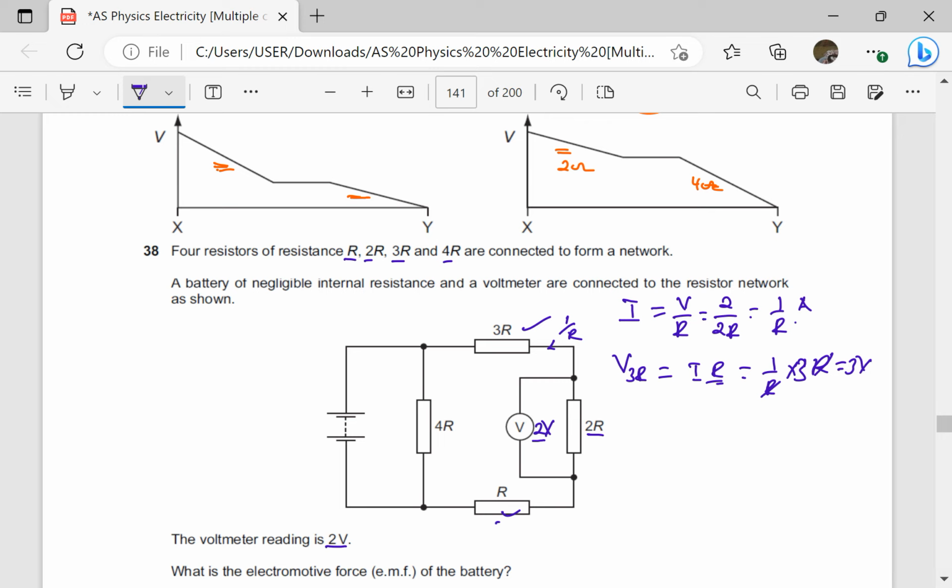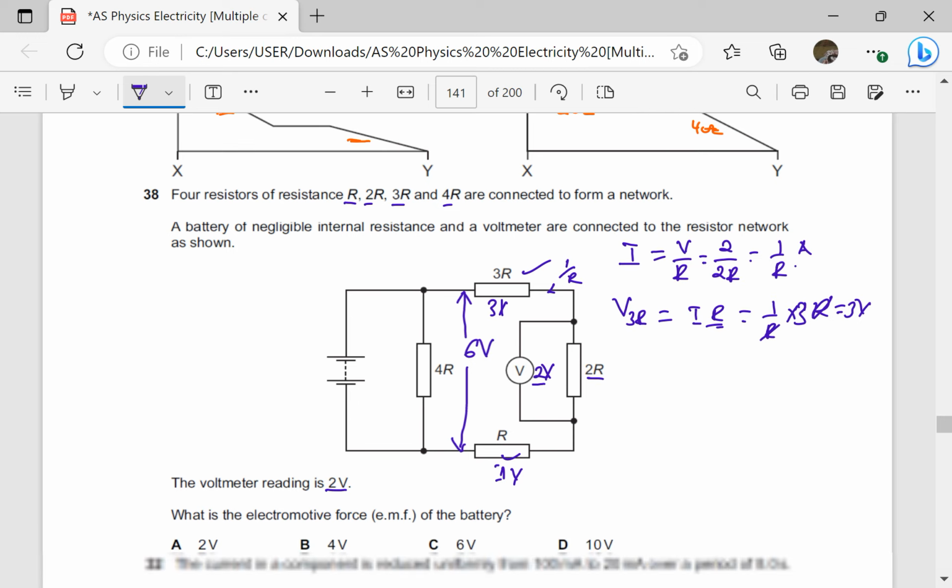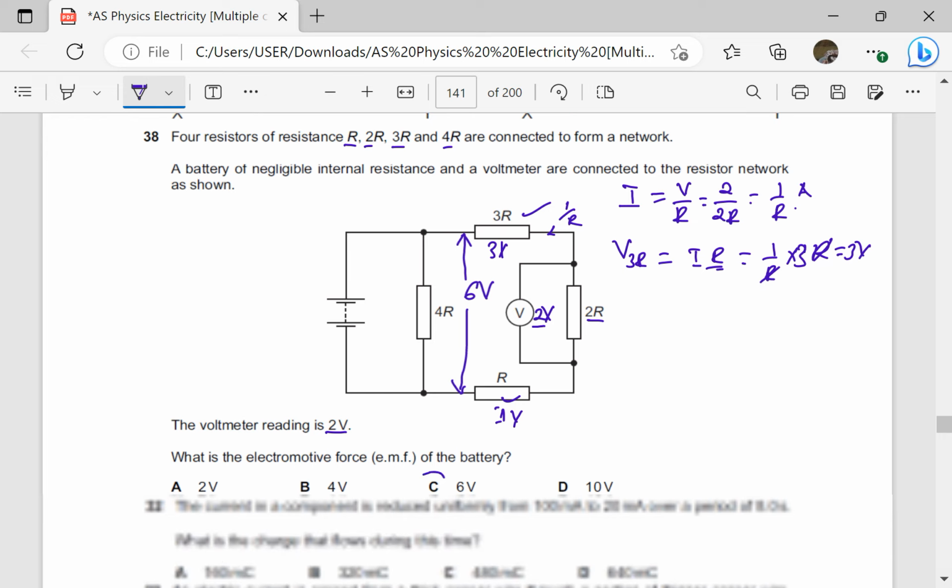So this is 2 volts, 1 volt, 3 volts, giving us a total PD of 3 plus 2 plus 1, which is 6 volts. So the PD across this block here is going to be 6 volts. So the question is, what is the EMF of the battery? Of course, the EMF is going to be 6 volts.